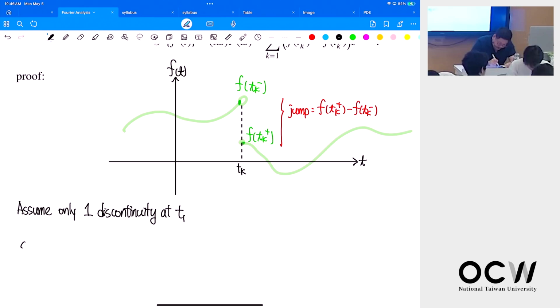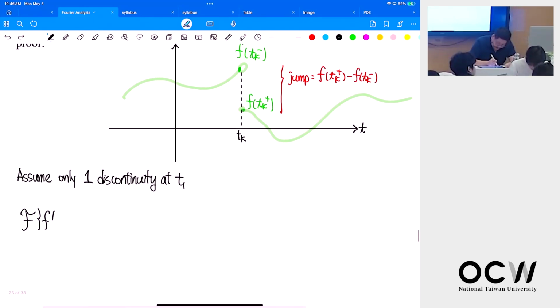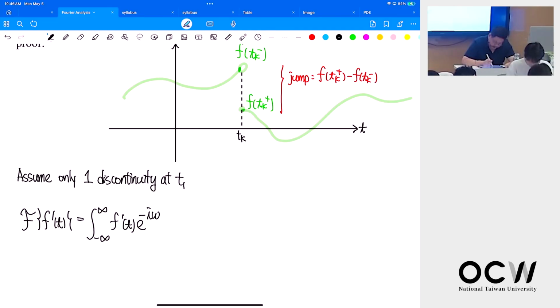So the Fourier transform of a first derivative, by definition, is the integration of f prime times the complex exponential. So we can separate this into two parts. One, the integration is from minus infinity to t1. And then doing the integration from t1 to infinity.